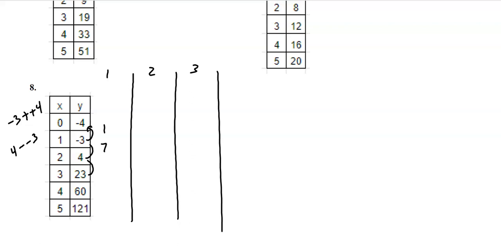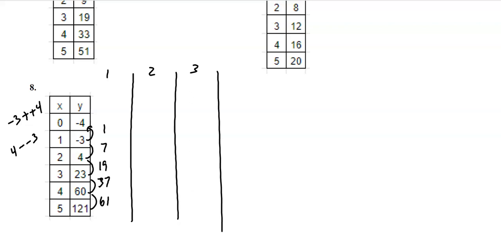Now it's a little easier. 23 take away 4 is 19. 60 take away 23. What's that? 37. And then 121 take away 60 is 61. So nowhere near close yet. Let's keep going.